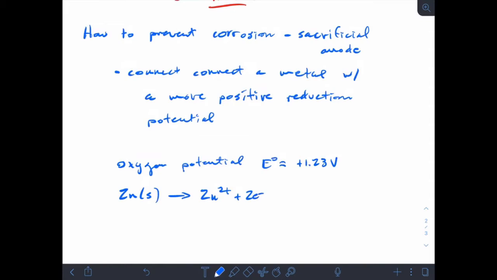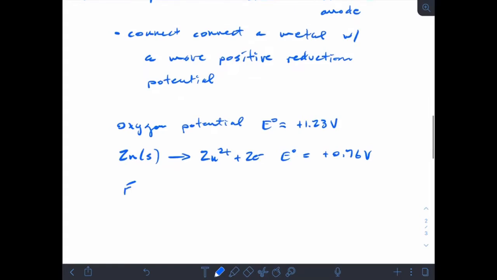I just realized my Z's and my 2's look very similar. Hopefully you're keeping track. The reduction potential for that reaction is plus 0.76 volts. And then let's take another look at the iron where it sits.